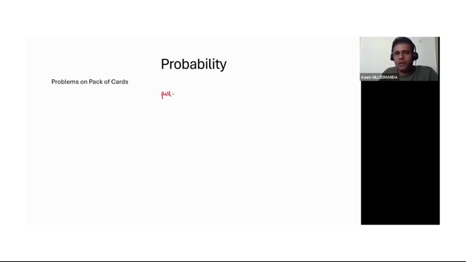A pack of cards basically consists of 52 cards of 13 each. If you follow me, right? They are divided into 4 groups basically. So pack of cards are divided into 4 sets or groups.